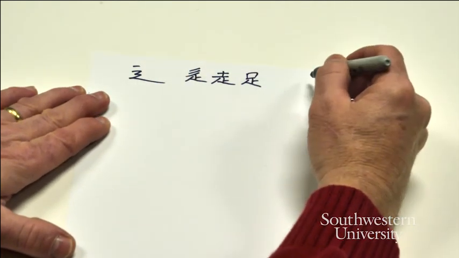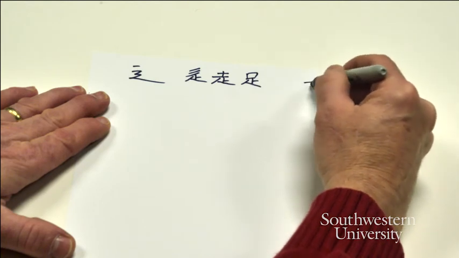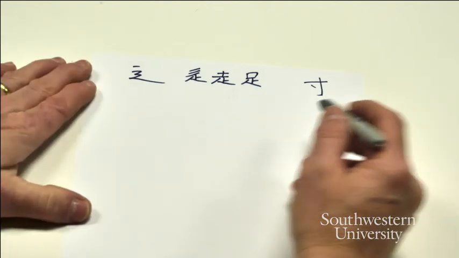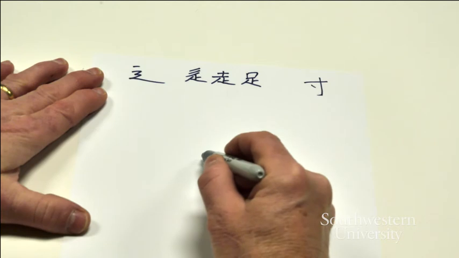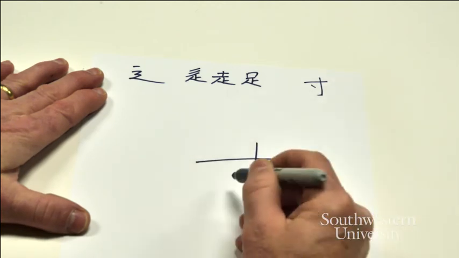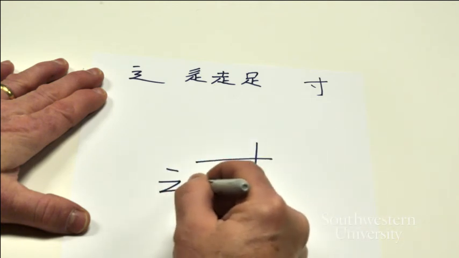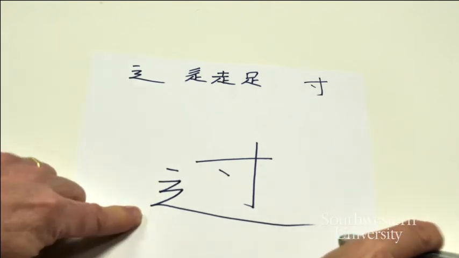And then the cun in here replaces another phonetic. So to write it, we start with the phonetic component.